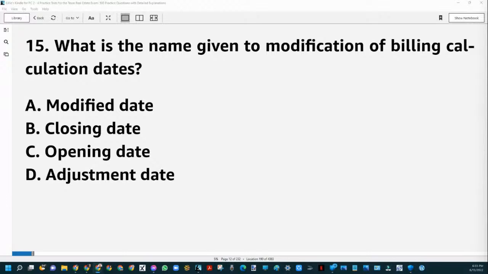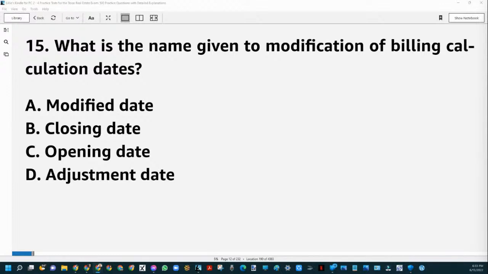So let's say you have a credit card and you paid it early. So they have to adjust something. They have to modify something. Or is it a closing or opening? It is not modified date.